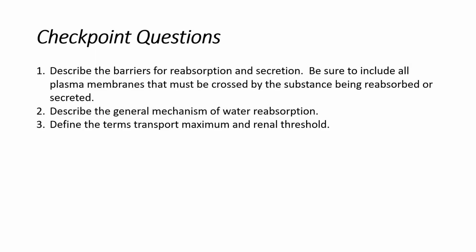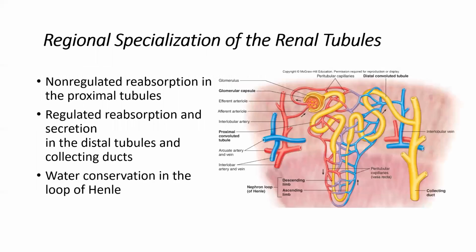Whereas renal threshold is the plasma concentration of substance X, and we talked a lot about glucose as an example, when we start to see spillage of this substance because the transporters are saturated. So transport maximum is the rate of movement at which maximum saturation happens, and renal threshold is the plasma concentration at which that saturation happens.